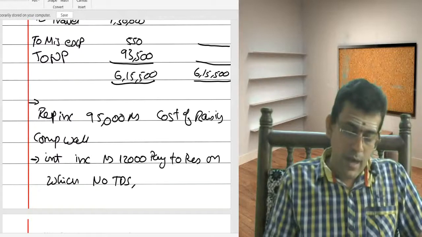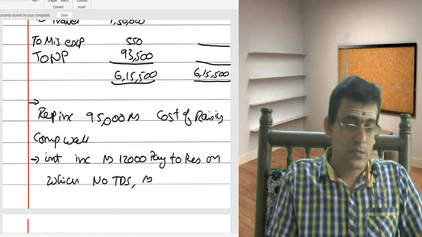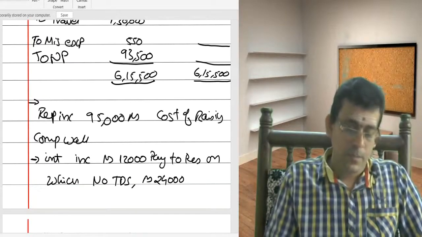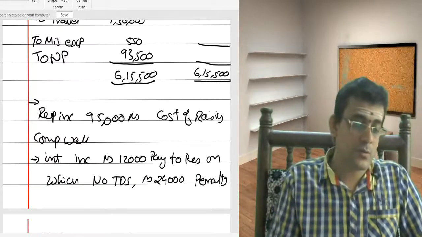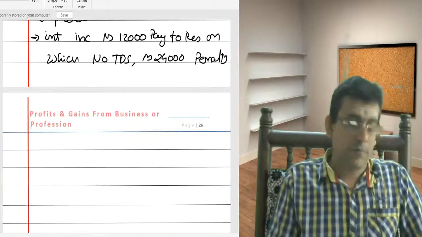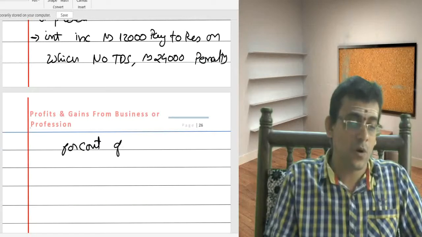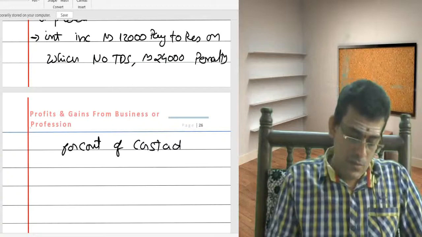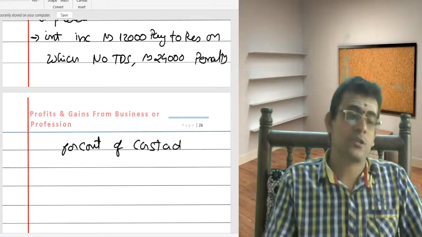And it also says interest includes 24,000 rupees, which is nothing but the penalty for contravention of the CGST Act. Penalty for contravention of the CGST Act is also a reduction.